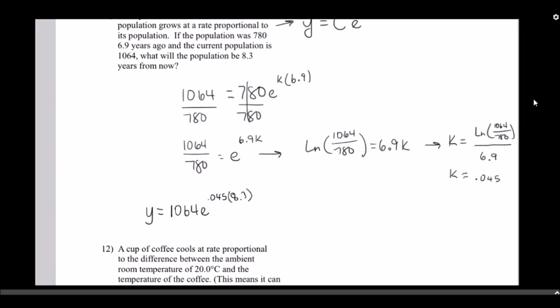So when this is plugged into a calculator, we get around 1,545. Now it doesn't come out to be exact, but since we're talking about a population, it's a discrete number, we're not going to use decimals.